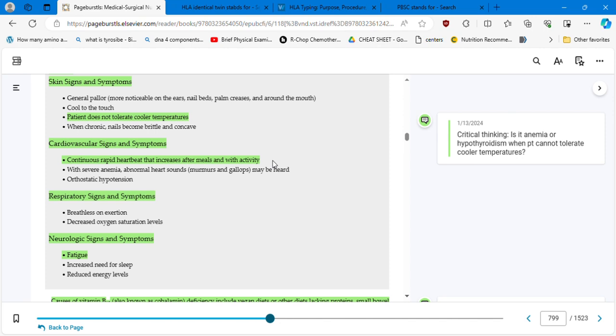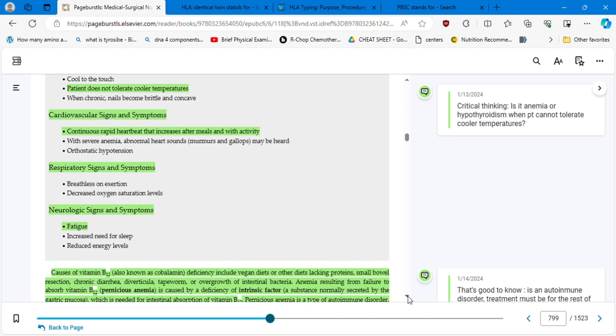So this continuous rapid heartbeat is because the patient is getting tired after just sitting on the table and getting their food. Respiratory signs and symptoms: breathless on exertion, as I told you before, is due to lack of oxygen in the RBCs.